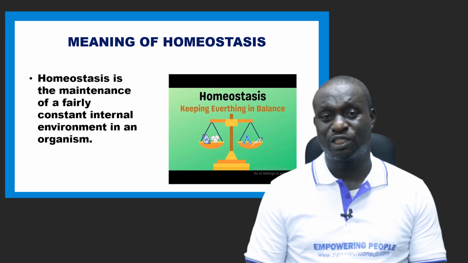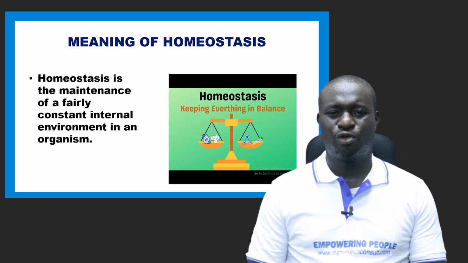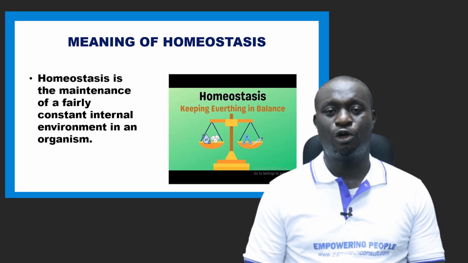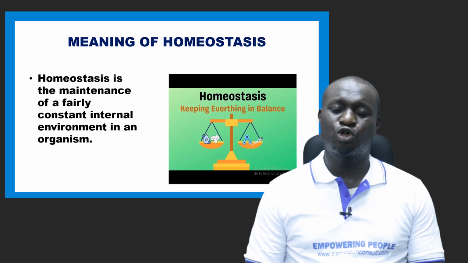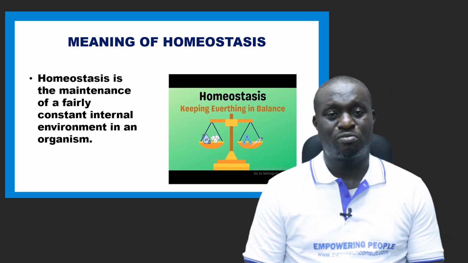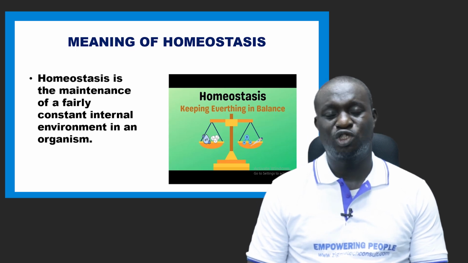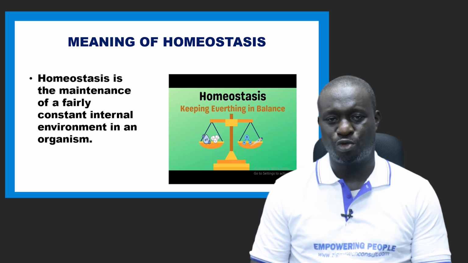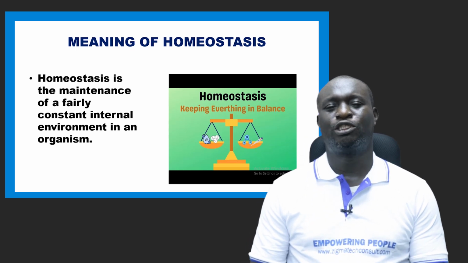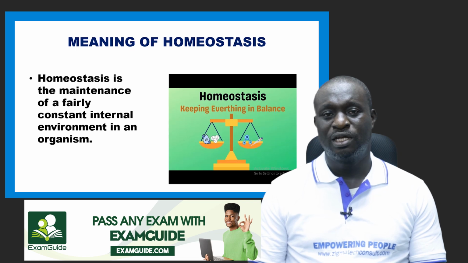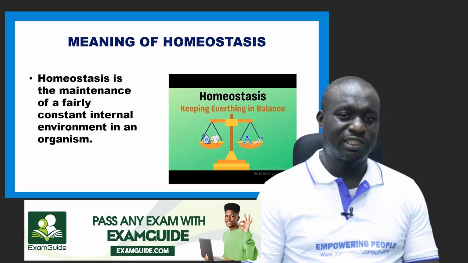Now, there are several cases. One might be sweating so profusely due to exercises, and that would have caused a lot of loss of water. Now, when there is so much loss of water, it means that probably the content of the cell will now have more concentration, which we can call hypertonic solution, or it can become a hypertonic content. And of course, once that kind of situation happens, it simply means osmosis will set in.